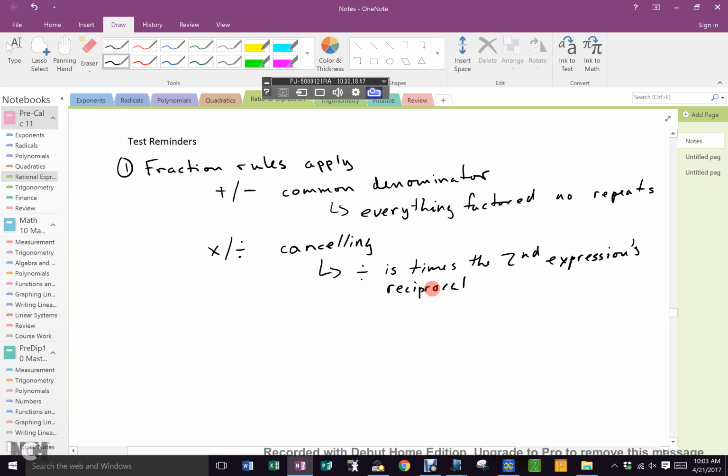Except, what do you got to remember about that? Your non-permissible values need to be checked when? Non-permissibles at the beginning and on the reciprocal, right? Everybody okay with that?